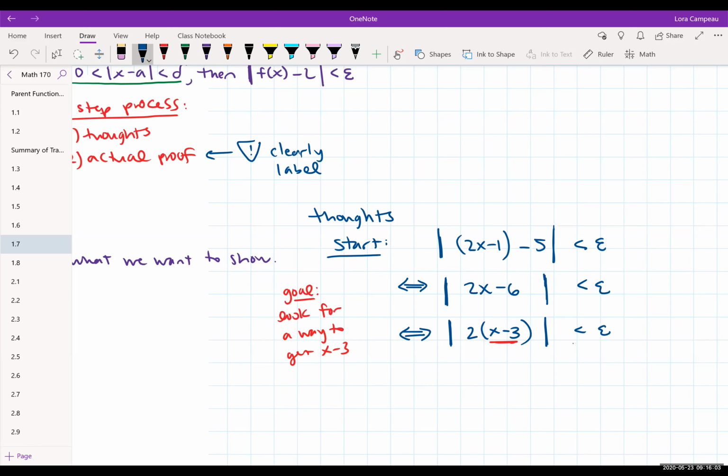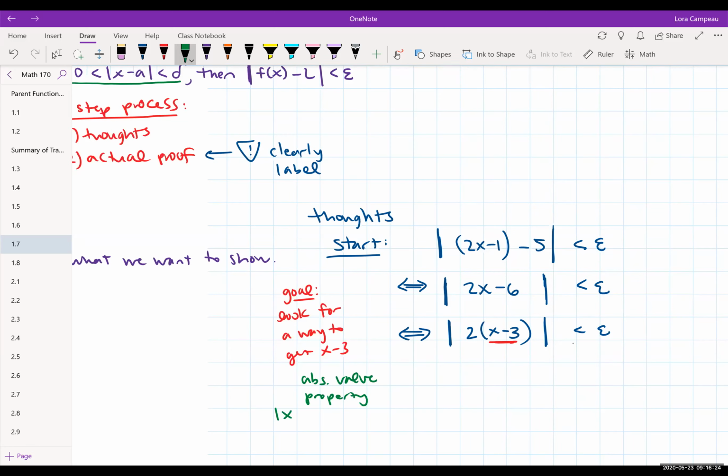What happens when you have a product on the inside of an absolute value? According to this property, maybe I'll write it off to the side. Little absolute value property. And remember what we said about pulling things from your past? This is exactly an application of this.